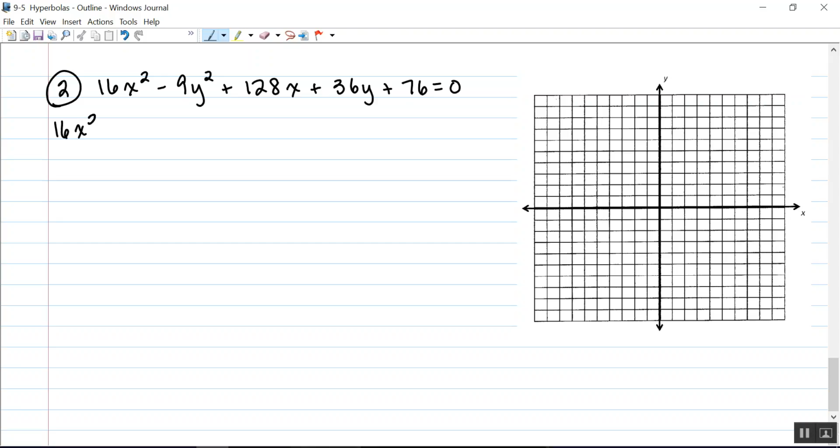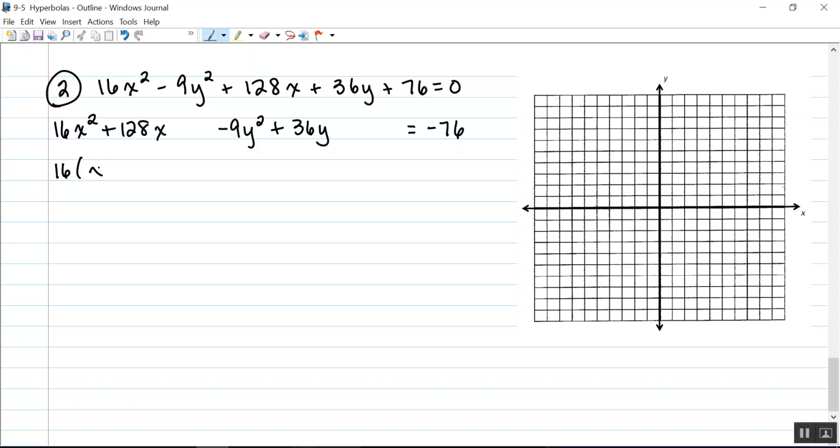So 16x² + 128x - 9y² + 36y = -76. In order to complete the square for each of these, I'll have to factor out the coefficient of my squared variable.